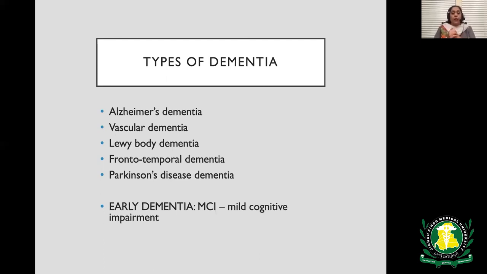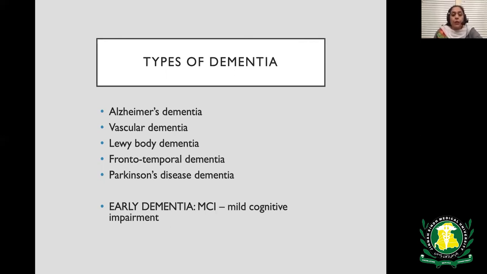And the next one is frontotemporal dementia. This kind of dementia happens in young elderly people from 40 to 60, as compared to Alzheimer's dementia, which usually happens at 60 years of age and older. In frontotemporal dementia, the most common brain parts which are involved are the frontal lobe and the temporal lobe.